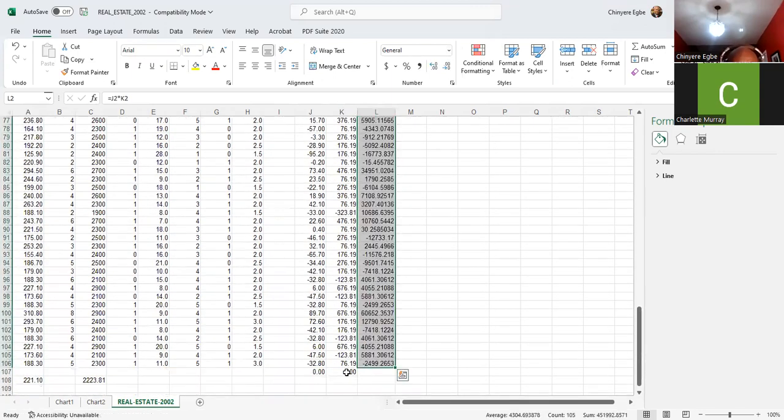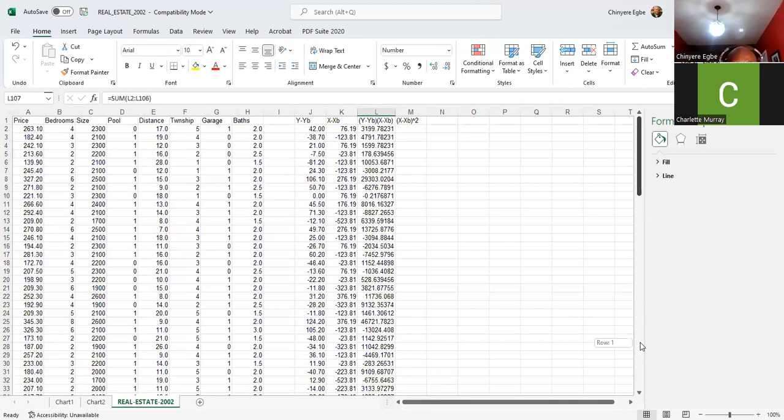All right. And see, the sum is not 0 when you multiply the two. And then we square x minus xb, equals k2 to the power 2.